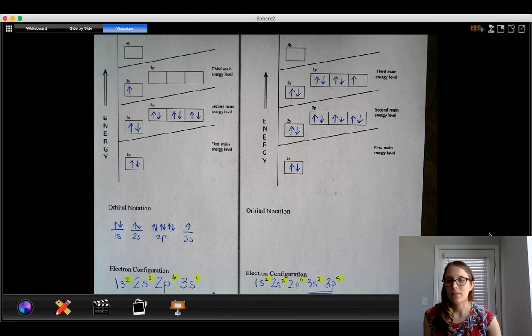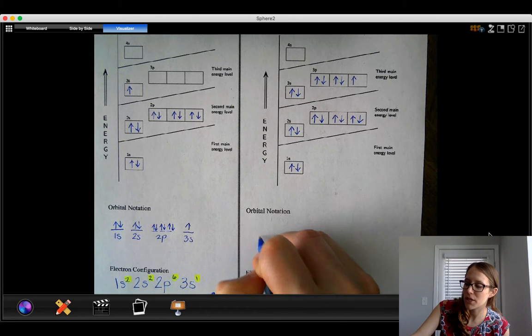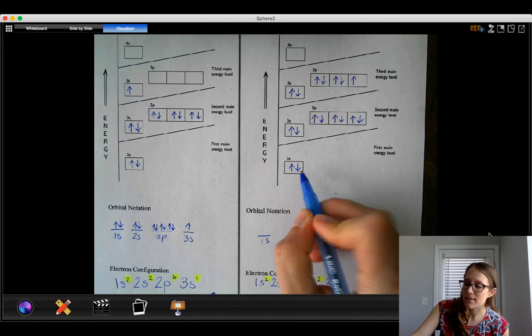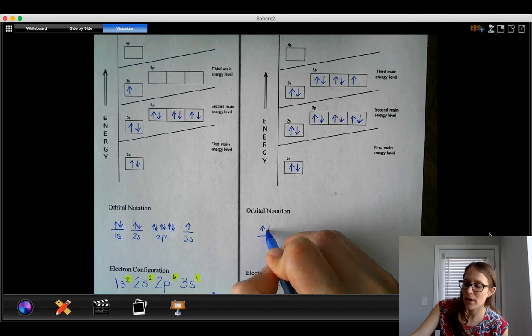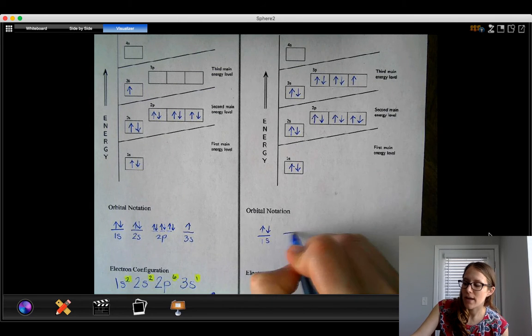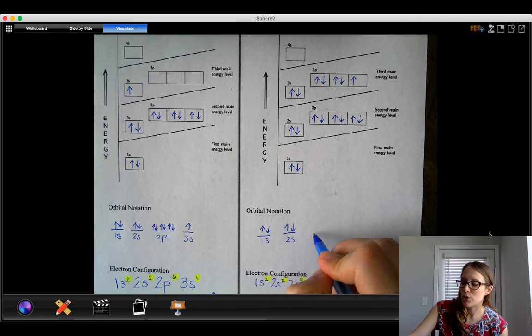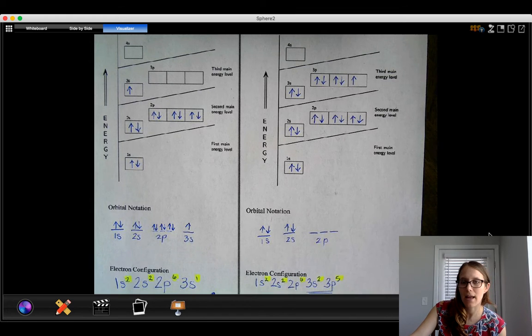Okay. So these, again, are just different ways of representing where electrons are located and what they're doing. Orbital notation, in that 1s box, I drew 2 arrows. In the 2s box, I drew 2 arrows. In the 2p section, there was 3 boxes, so there's 3 lines.